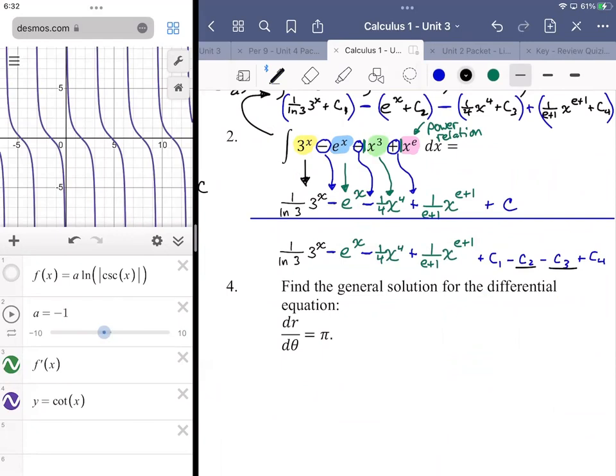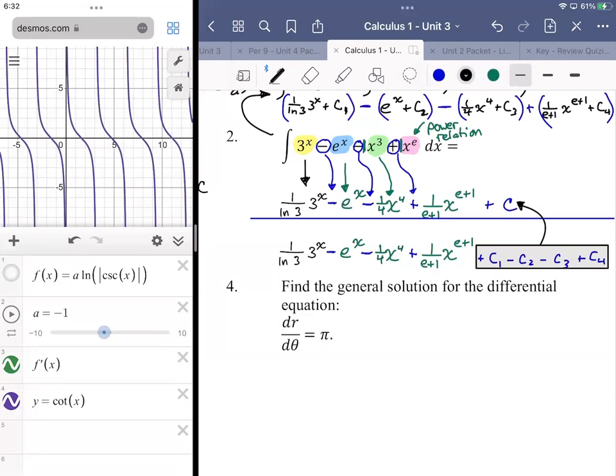They're two unknown constants, not necessarily the same thing. I don't know what I would get, but I do know that the result is going to be some kind of constant. So when you combine all these together, ultimately they're just going to give you a singular constant, and they can be coalesced into that single constant. So the C would actually absorb C1 minus C2 minus C3 plus C4 into its collective.